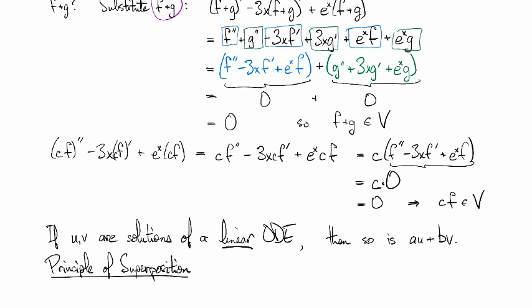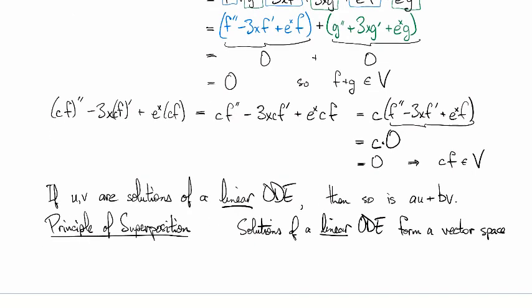That's the physicsy name for it because the physics people like everything to sound fancy. The math name for it would be saying that solutions of a linear ODE form a vector space. And let me be precise. A linear homogeneous ODE has to be set equal to 0 or it doesn't work. Linear homogeneous ODEs form a vector space.